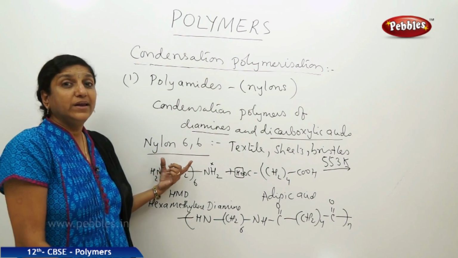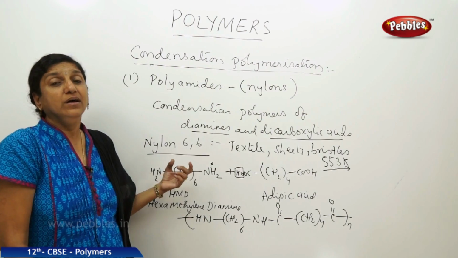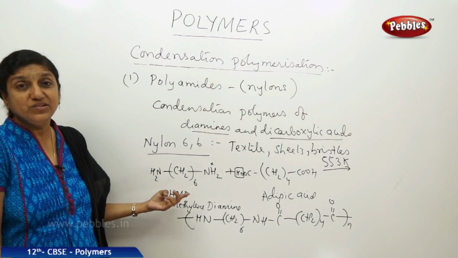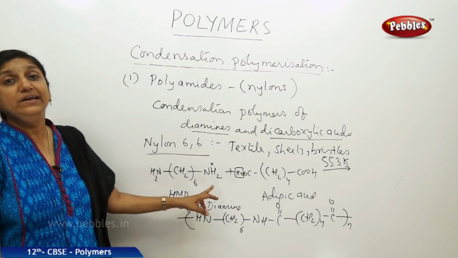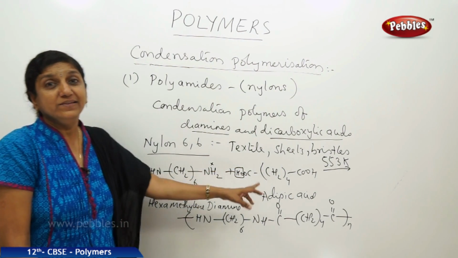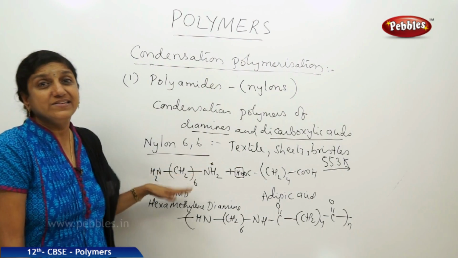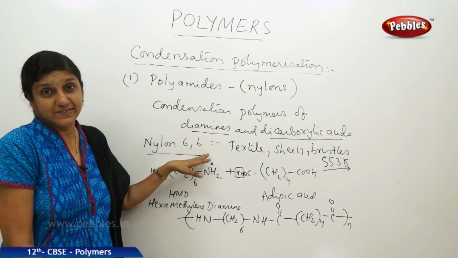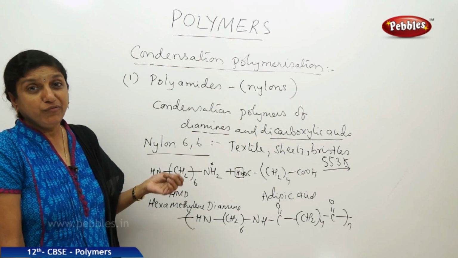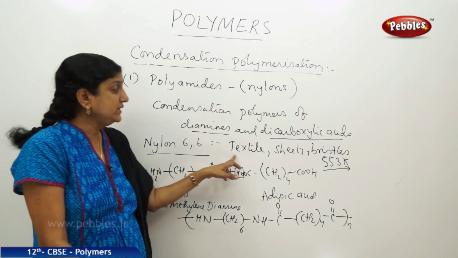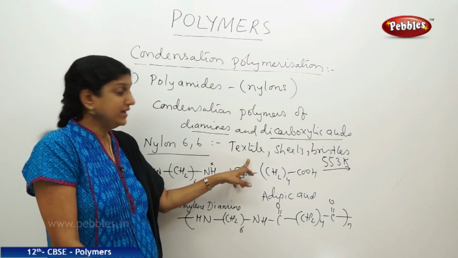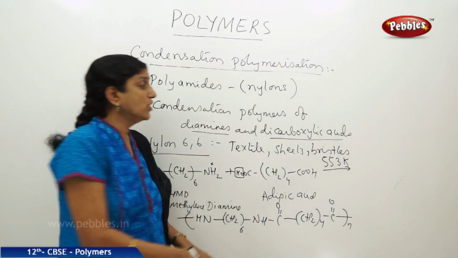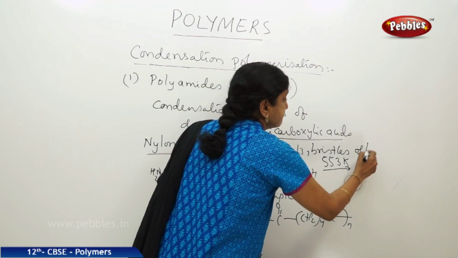So this is one commercially important condensation polymer which is obtained by the condensation between hexamethylene diamine and adipic acid, both of which are 6 carbon compounds. That is why the name nylon 6,6, and due to its favorable physical properties, it is used in the areas of textile industry, in preparing sheets and in the bristles of brushes, right?